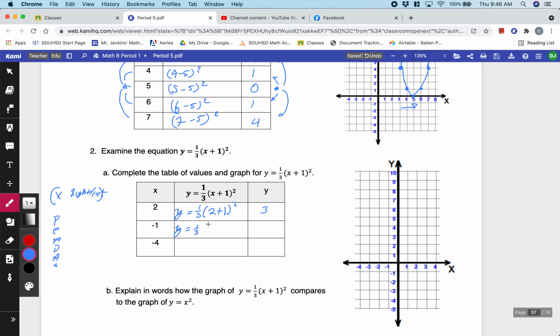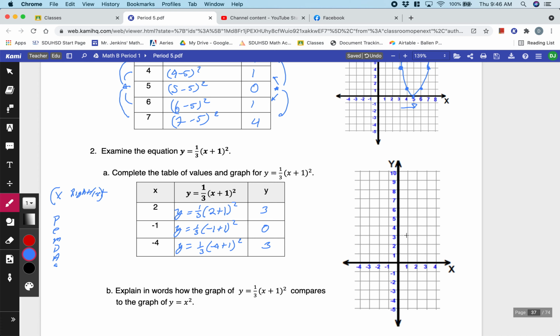Y equals 1/3 (negative 1 plus 1) squared. Negative 1 plus 1 is 0. 0 to the second power is 0, and 1/3 of 0 is just 0. And last one, y equals 1/3 (-4 plus 1) squared. -4 plus 1 is -3. -3 times -3 is 9. And 1/3 of 9 is 3.